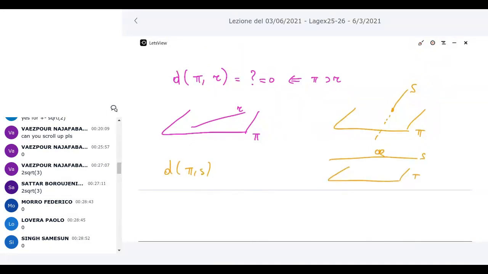And if they are parallel, it is just enough to pick a random point on the line and get the answer. Okay, so pi and r is 0. We can see it easily. S and pi, sorry, we have to decide whether the line and the plane are parallel or not. If they are not parallel, then it is 0 because they will intersect.